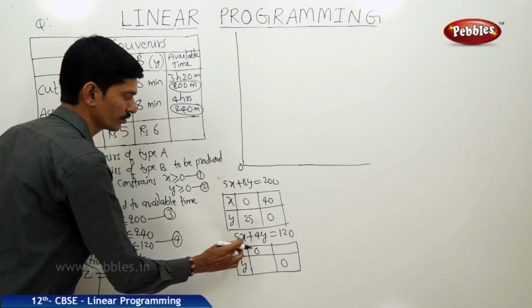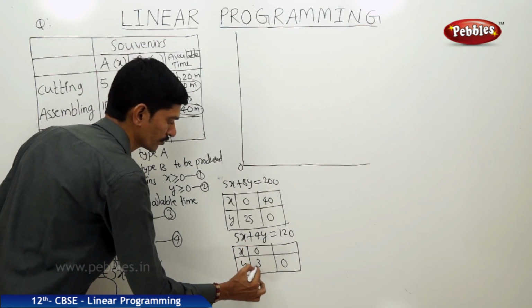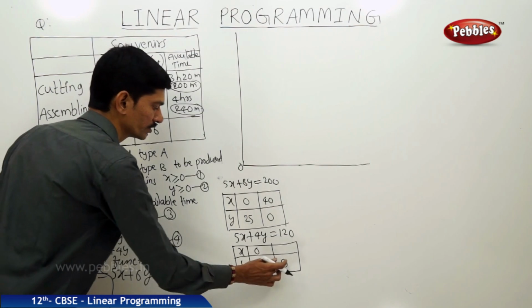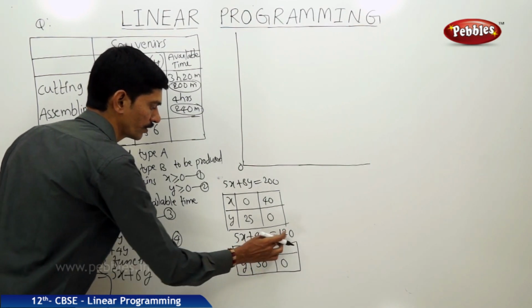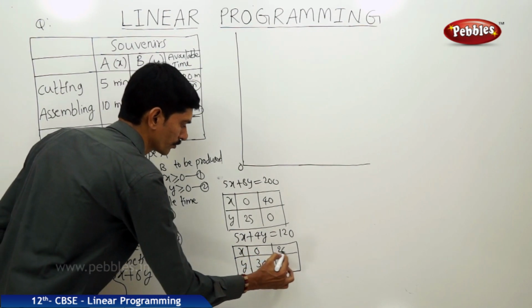If x value is 0, then 4y equal to 120, then y equal to 30. If y value is 0, then 5x equal to 120, then x value 120 by 5, 24.